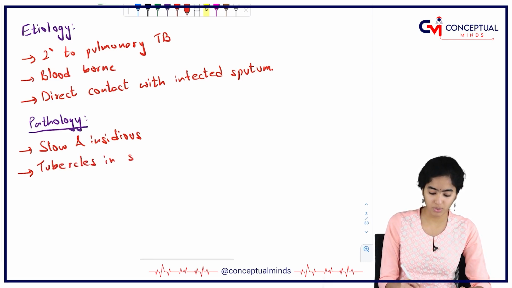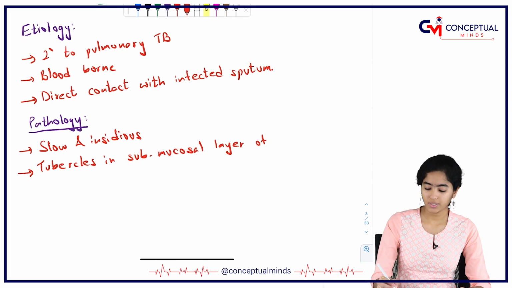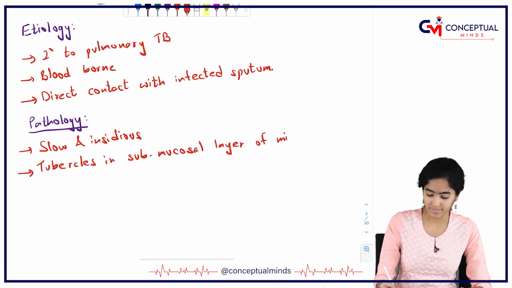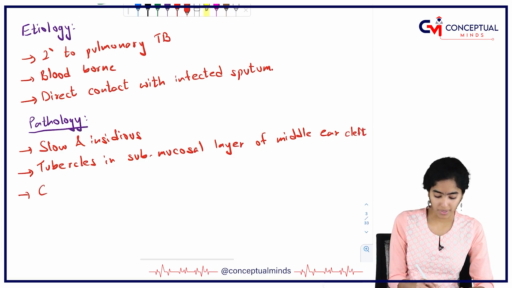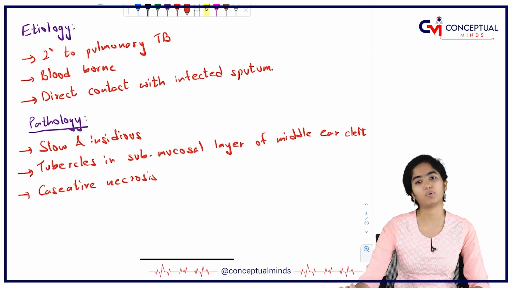In the submucosal layer of the middle ear cleft, and even caseations are seen. First we find tubercles and this is followed by caseative type of necrosis, which is the classical feature of tuberculosis anywhere in the body.